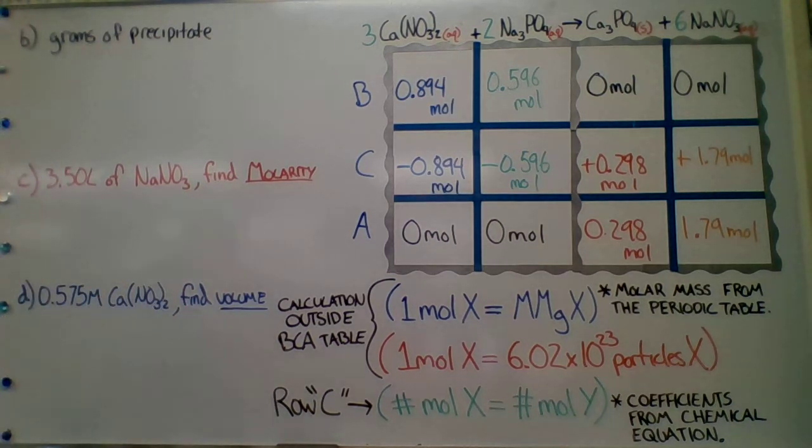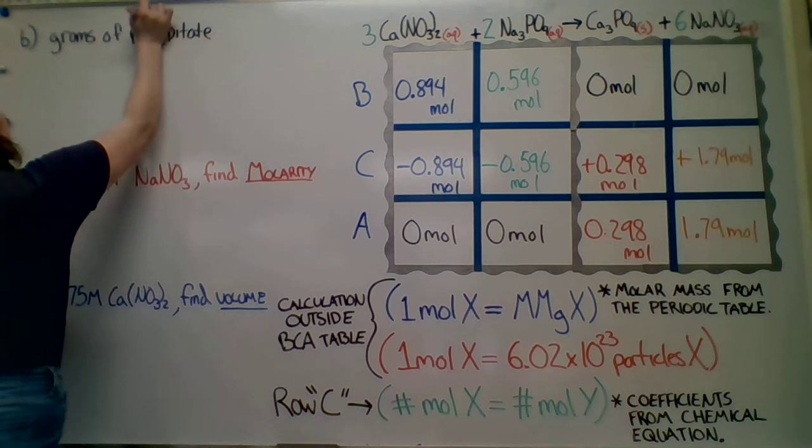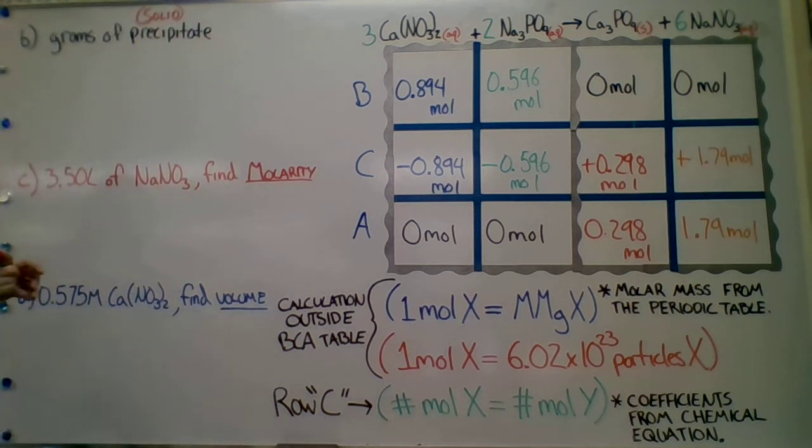So question letter B asks us how many grams of precipitate will be produced in this reaction? Few things here. Precipitate, that is a vocabulary word that we haven't used in a little bit. Remember that a precipitate is a solid that's produced in a double replacement reaction or any chemical reaction.